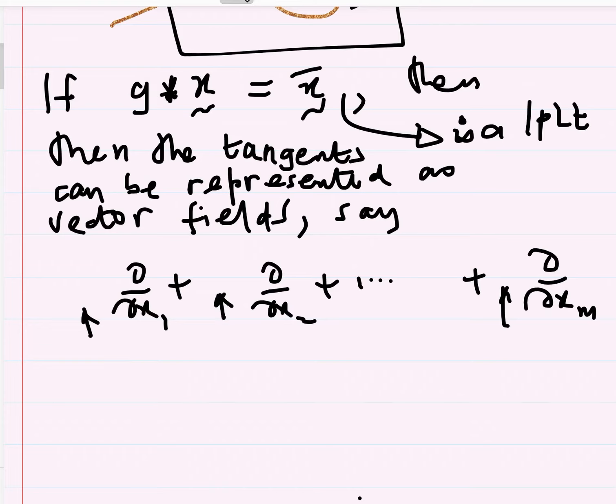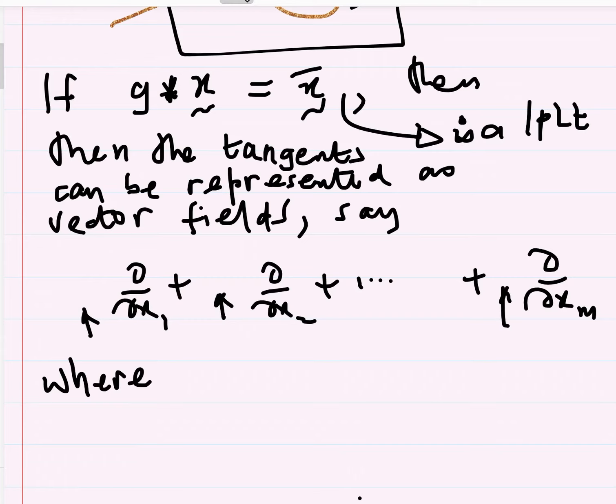A simple way to determine these is just differentiating each of these coefficients, where, for example, the coefficient of d by dx1 will be the derivative of the first coordinate of the one parameter Lie group of transformation with respect to the parameter.